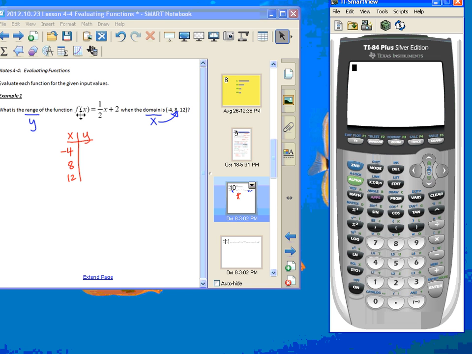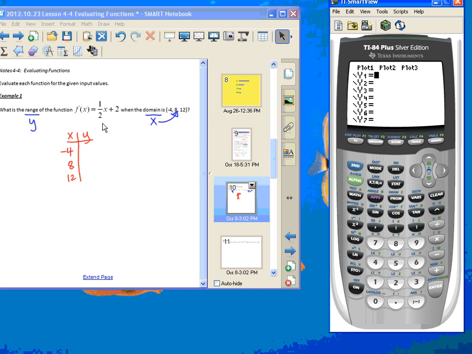Now, remember yesterday we talked about that f of x is another way of saying what? Y. Good. So f of x equals y. You're going to go to your y equals button. If there is anything in your y equals, you want to clear it out. And then you're going to type this expression into your y equals.